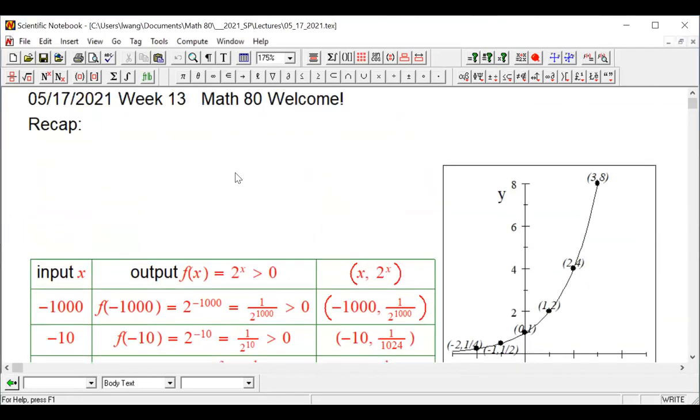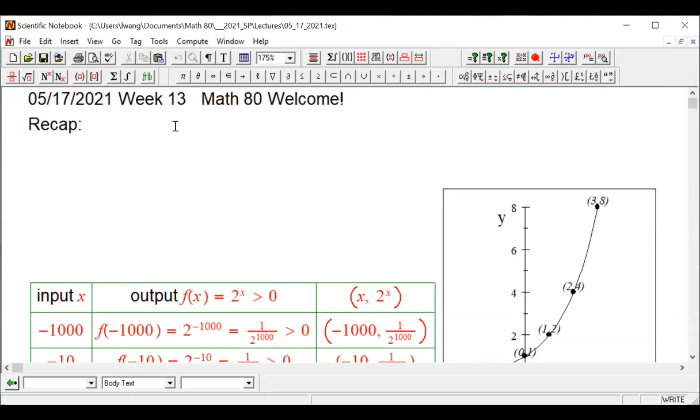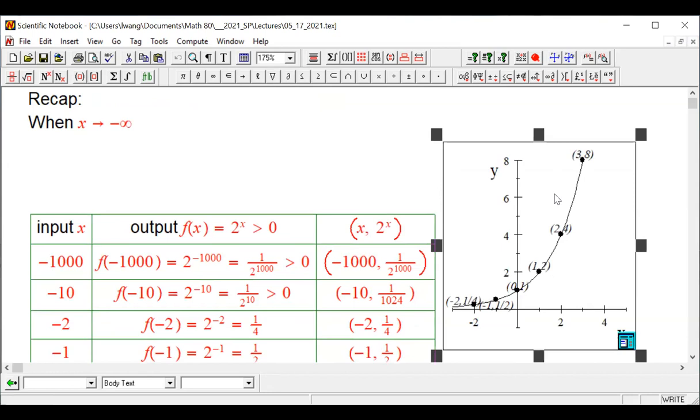We have done the picture, we plotted the points, and we also observed that when x approaches negative infinity, which is in that direction, x is getting smaller and smaller, the y value 2 to the power of x is approaching 0, but larger than 0.